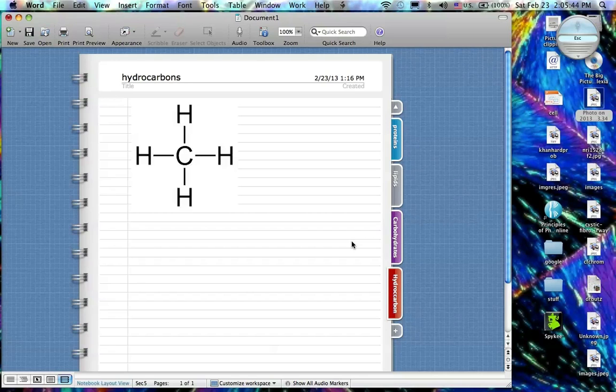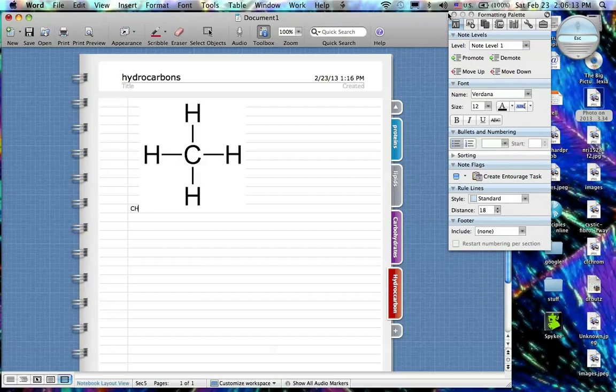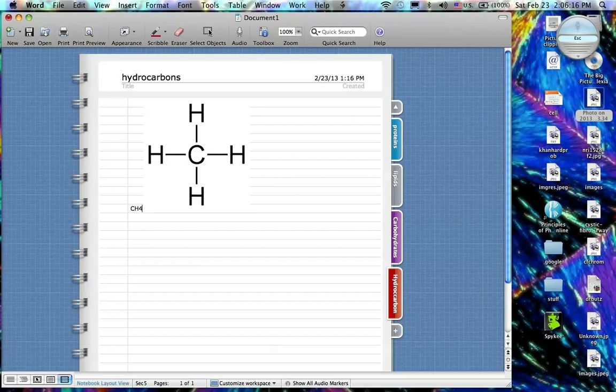And this is a Lewis structure for methane, which is the simplest one, which is just carbon with 4 hydrogens on it, and that's written as CH sub 4.